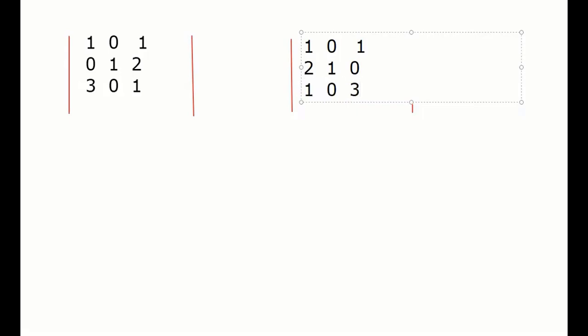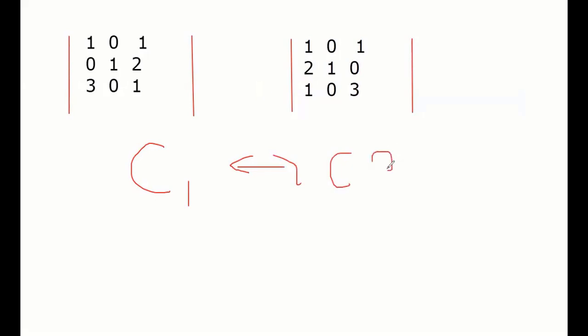C1 changes into C3. Correct. I did C1 interchanged with C3. So what will the value be? The value will remain the same, only the sign will change, right? Negative will become positive or positive will become negative.